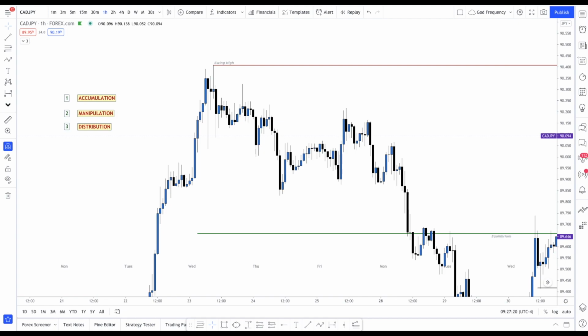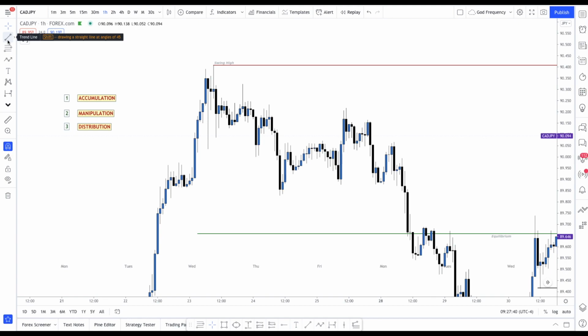What I'm going to show you exactly is what you should be looking for when you try to formulate or frame an idea. You're looking at where you are in the phase of a market before you even think about entering any type of trade.